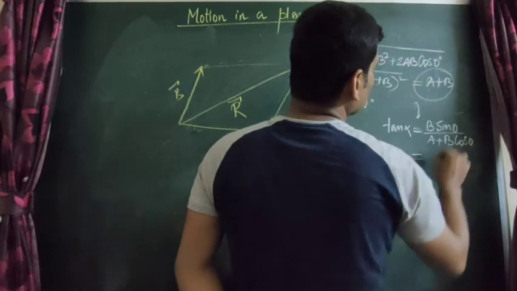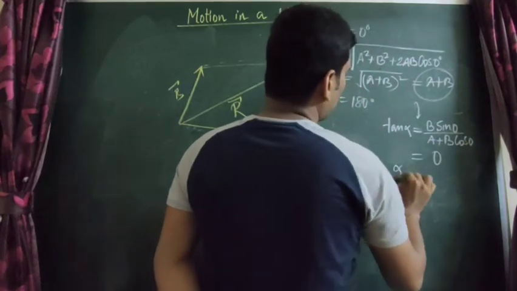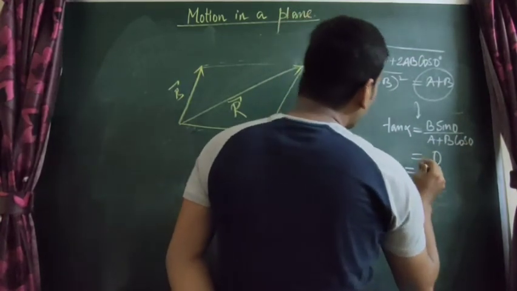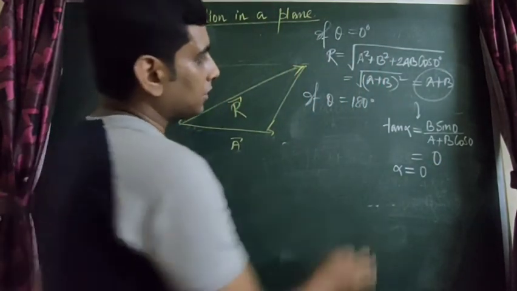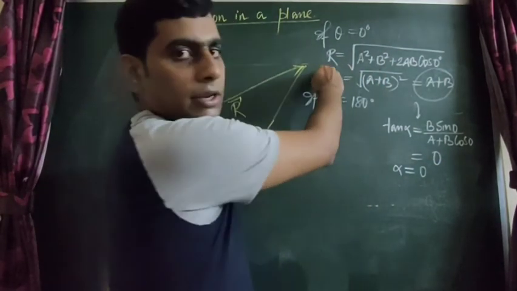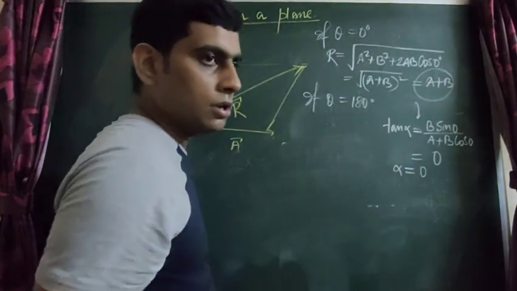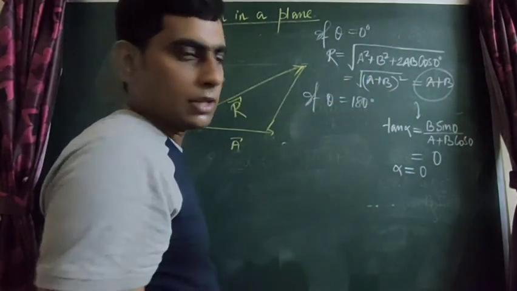This comes as 0, so alpha also comes 0. It means the resultant vector is in the same direction as A and B. They are in the same direction.